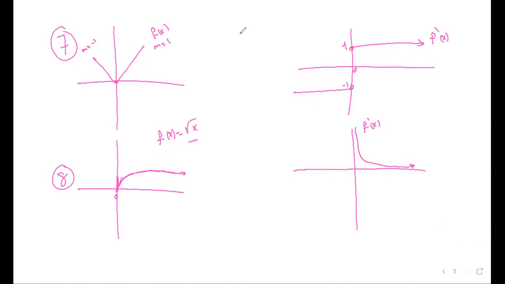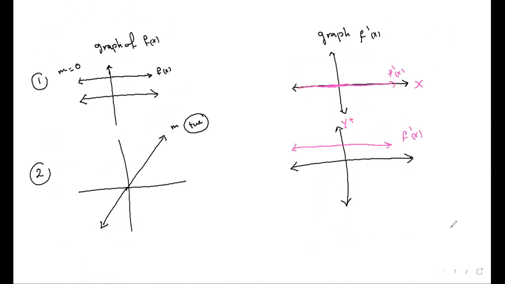Let's continue the answer of the given sheet. But before I solve, wait. I'd like to remind you of all the functions which I gave you. If the graph of the function is horizontal, the sketch of its derivative will be a horizontal line on the x-axis. It will be the x-axis.